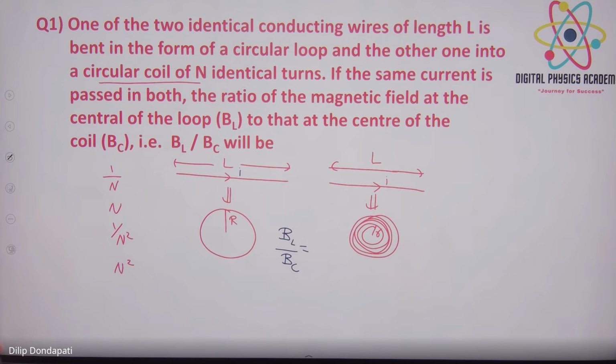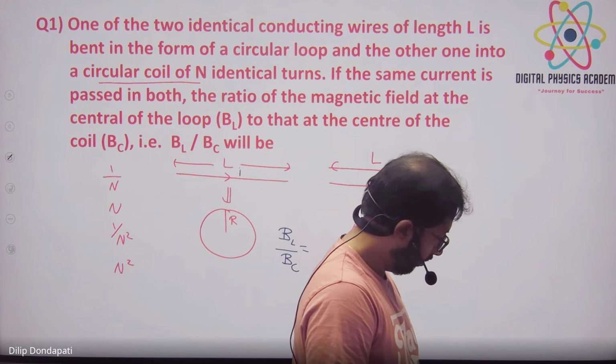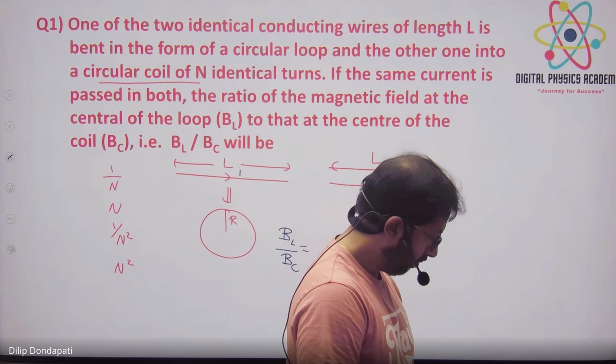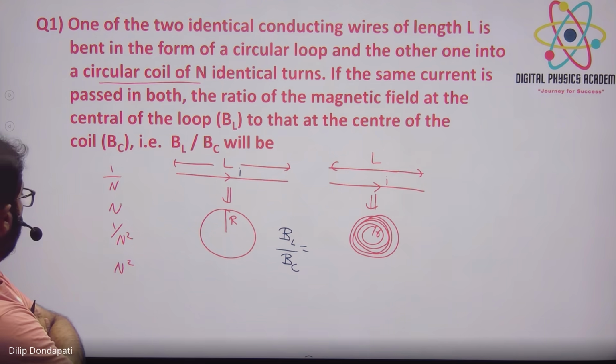A single loop है, वो n number of turns है. JEE means question. So 1 by n square.